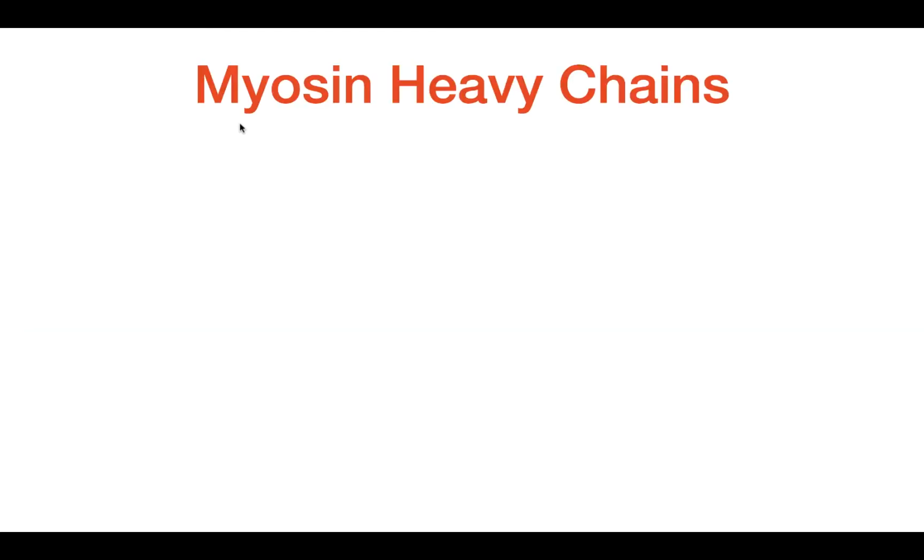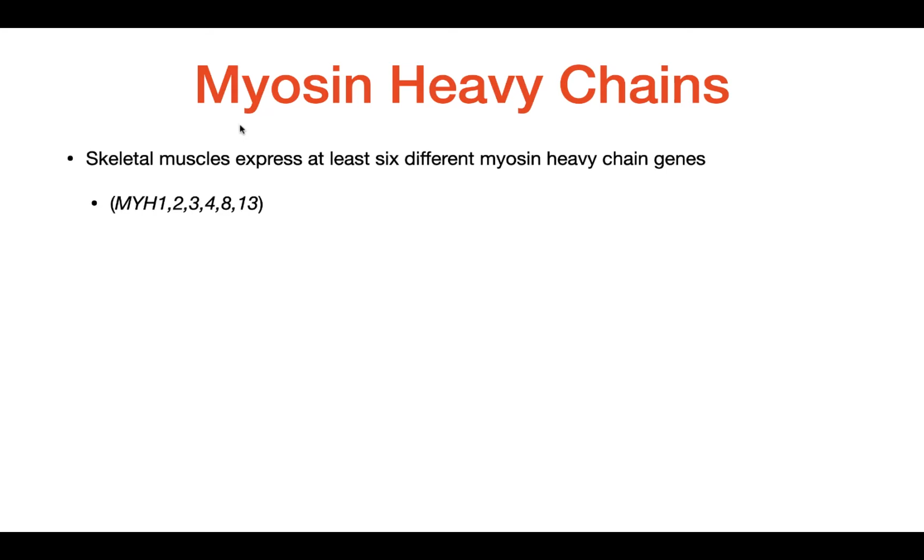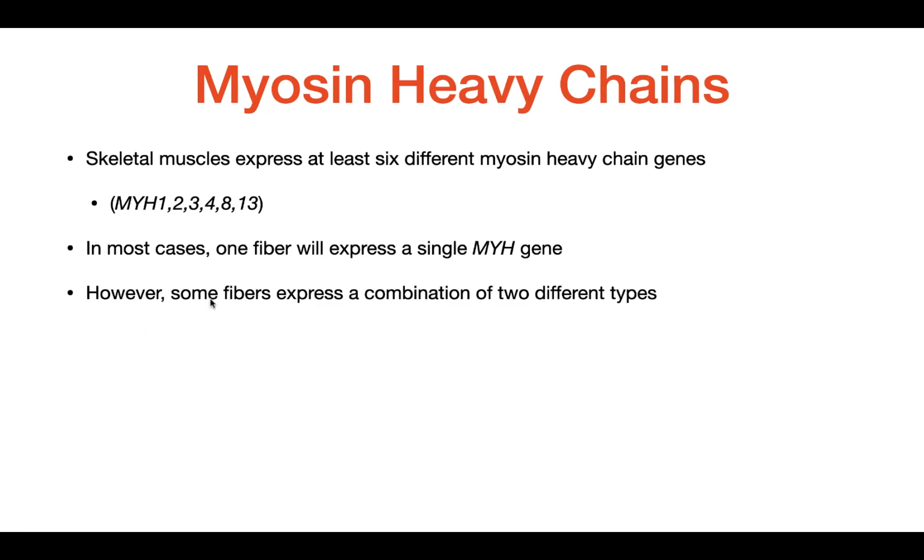Now let's talk about the heavy chains. Skeletal muscles are going to express 6 different heavy chains, and they're shown here. In most cases, one fiber will express one single myosin heavy chain. However, some fibers are also going to express a combination of two different types.